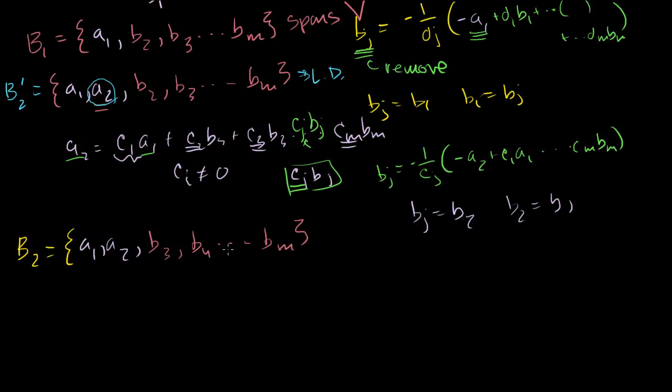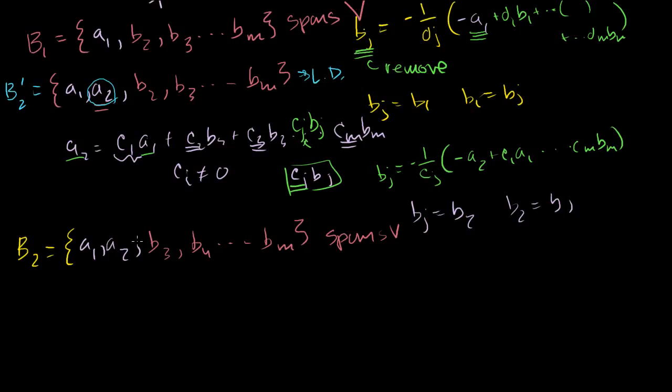Notice I still have exactly m elements. And this still spans V, because the element that I took out can be represented as a linear combination of these guys. If I ever want to construct anything that needed that, I can construct that vector with some combination of these guys. So it wasn't necessary, and it still spans V.